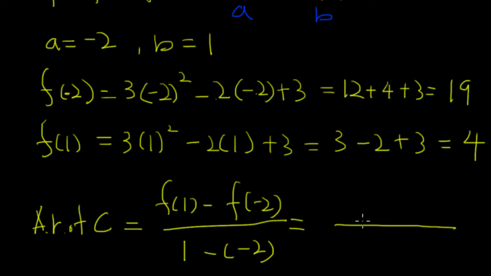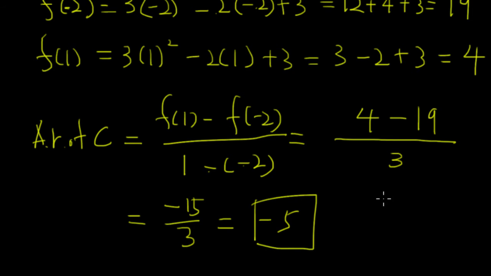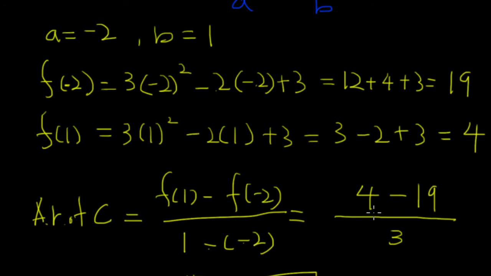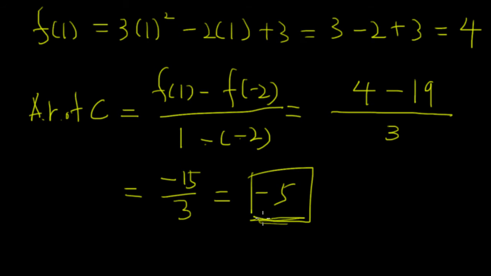So this would be 4 minus 19 over this double negative becoming positive 3. So 4 minus 19 is negative 15, over 3, which is negative 5. Okay, so the average rate of change from negative 2 to 1 is going to be negative 5.